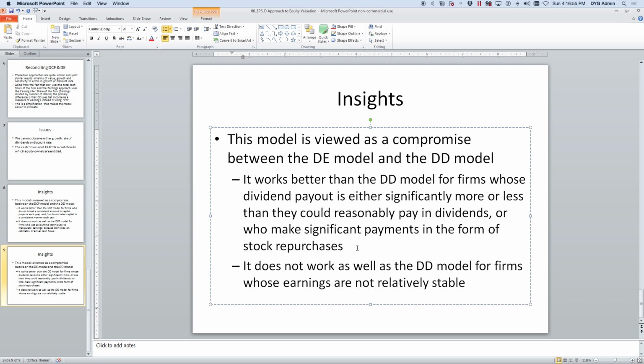Where the discounted earnings model does not work as well as the dividend discount model is when the earnings are just not very stable. So if the earnings of the company are swinging up and down and positive and negative from year to year, then it becomes very difficult to develop some forward view, or particularly a growth-based view of the equity of a company.